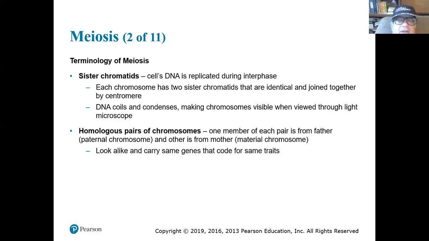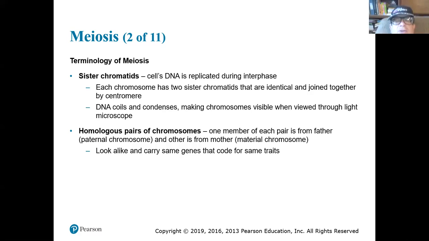Let's try that again. I was not liking the fact that the book is going through all this terminology and the pictures to go with it are many slides ahead. What I did is I went and found a link to an Amoeba Sisters video. It has a side-by-side comparison, so you can see the difference in mitosis and meiosis.